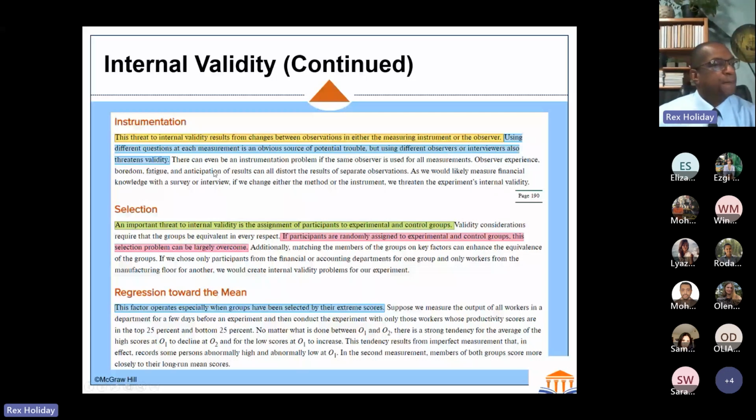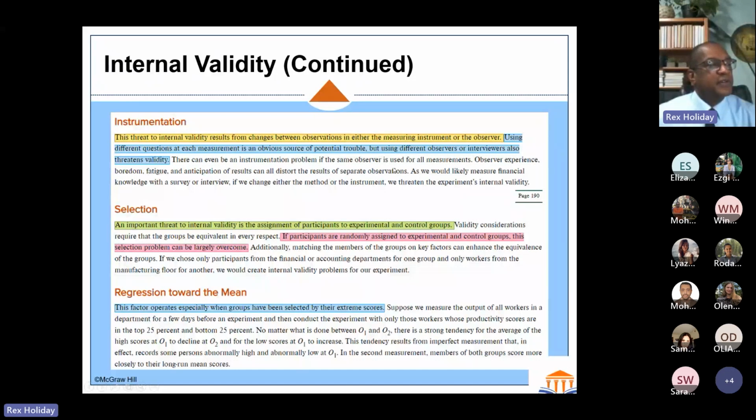Okay, there can even be an instrumentation problem if the same observer is used for all instruments. That's interesting. Observer experience, boredom, fatigue, and anticipation of results can all distort the results of separate observations.